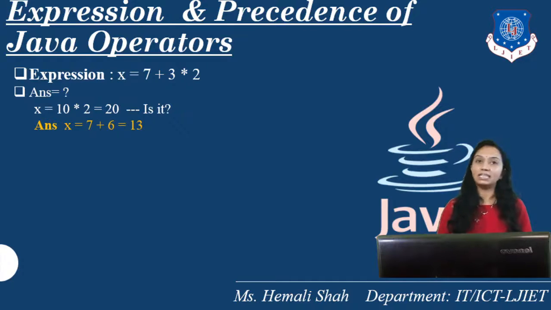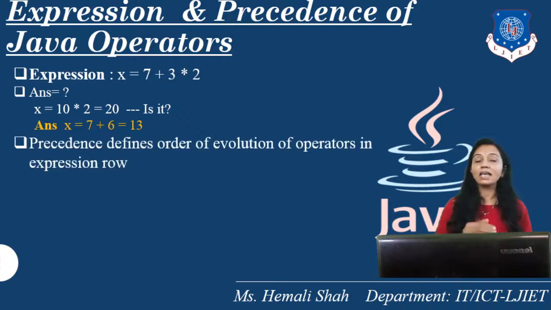Then it makes the addition with 7. How can you decide which will execute first? You can decide by using the precedence order of operators, right? This precedence defines the order of evaluation of the operators in an expression.